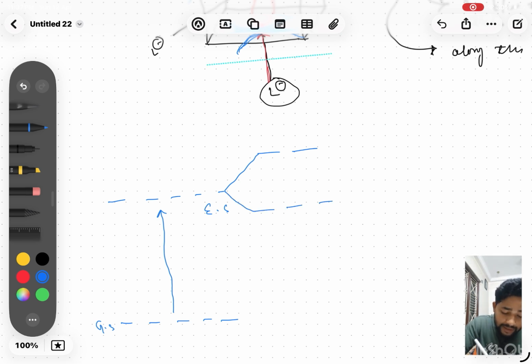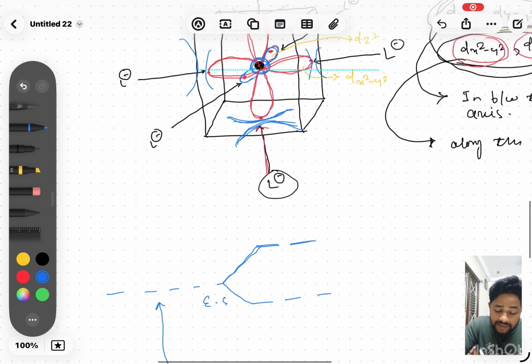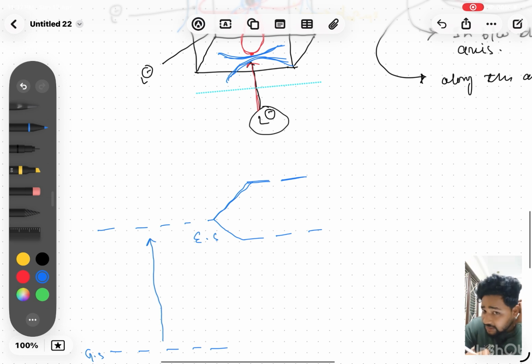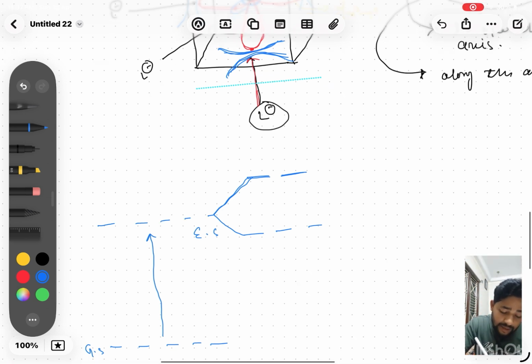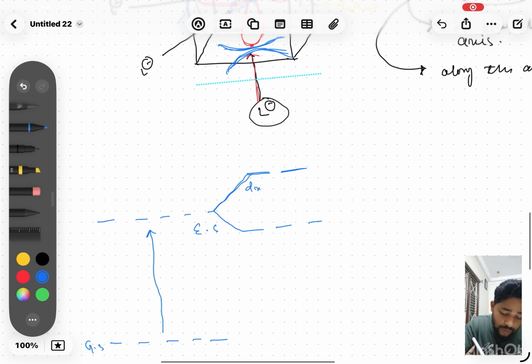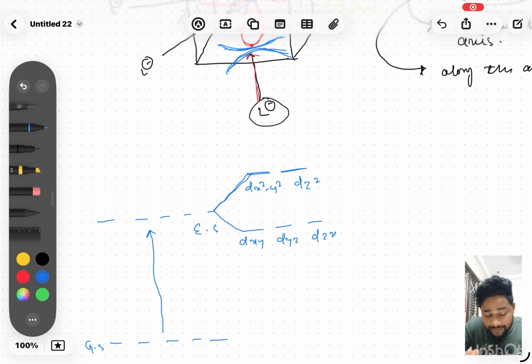These two orbitals will have higher energy because they are repelled by the six ligands approaching along the faces, that is dx square minus y square and dz square. And these orbitals dxy, dyz and dzx will lose some energy, and their energy will be lower.